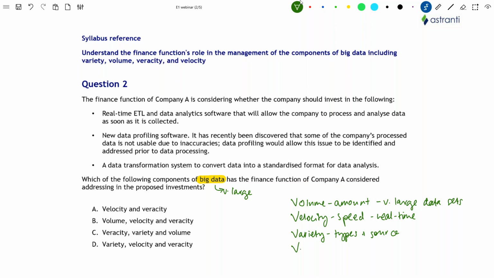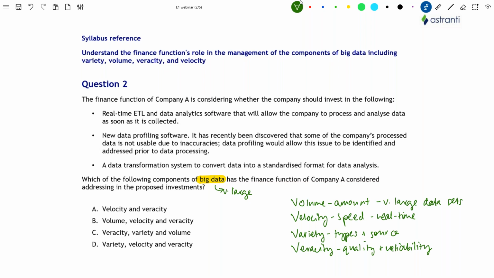Okay, and our final V is veracity. Now, veracity refers to the quality and the reliability of big data. So quality and reliability. And as I mentioned before, big data sets typically include data from different sources which are pulled together to form the big data set.